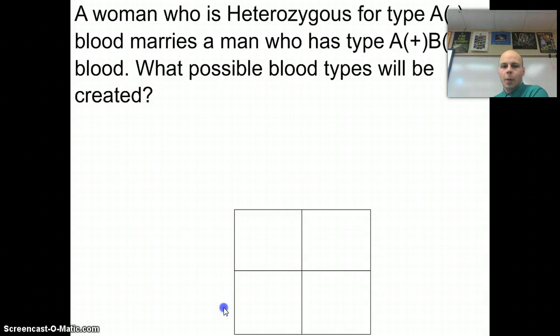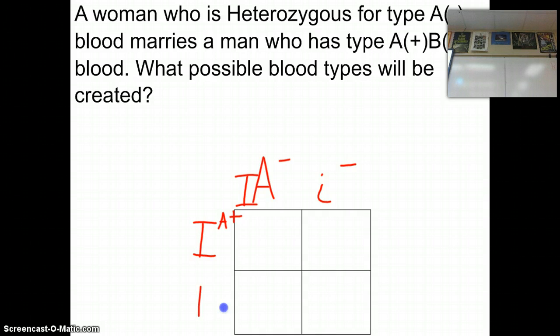And so we're going to figure out the possible blood types that will be created from this individual. So here are each of the parents.